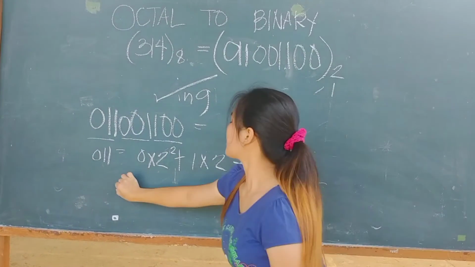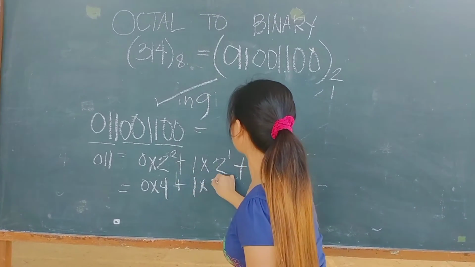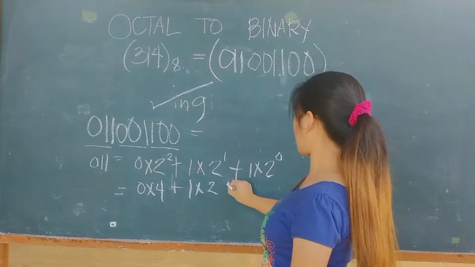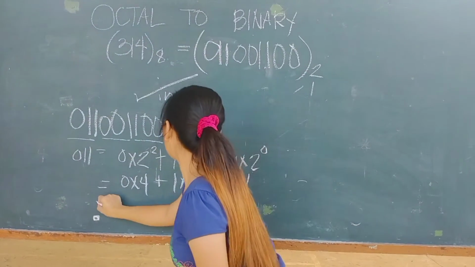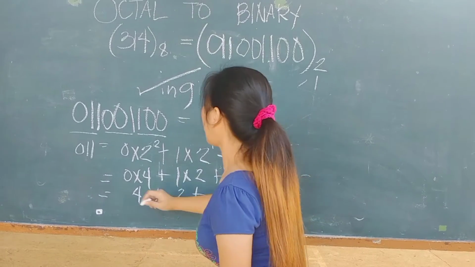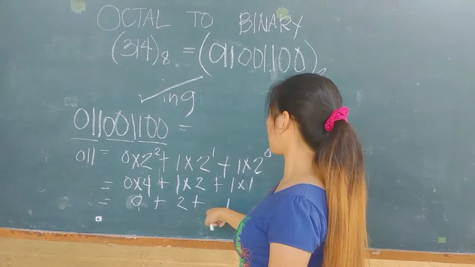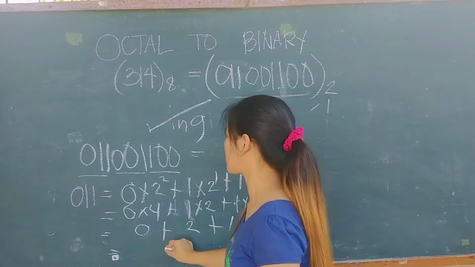It is equal to 0 times 4 plus 1 times 2 plus 1 times 1. 0 times 4 is equal to 0. So 2 plus 1 is equal to 3.